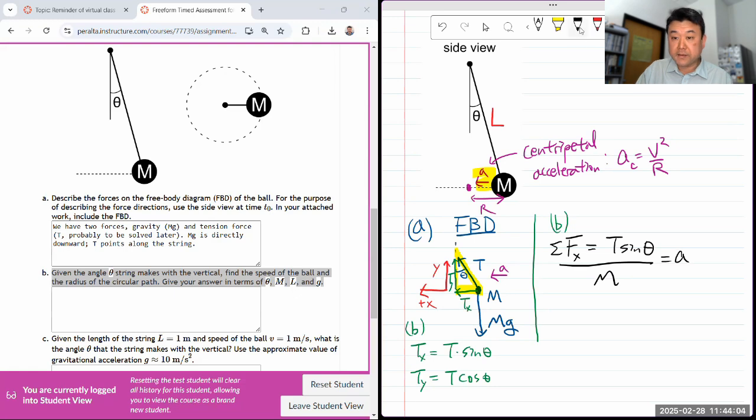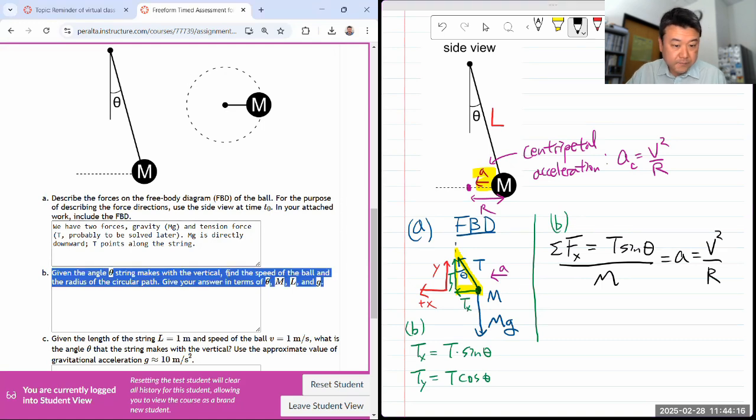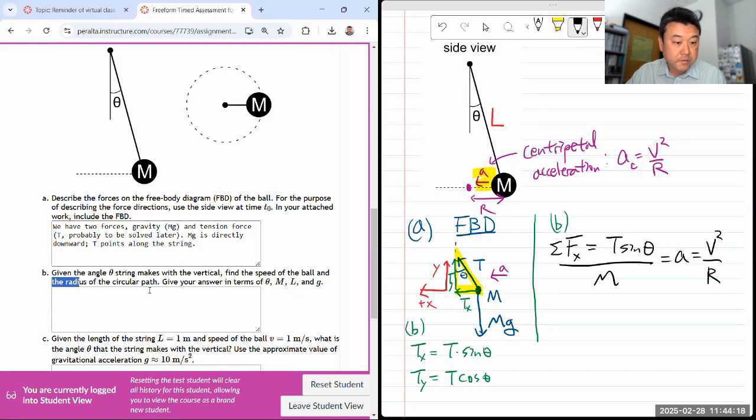So let me rewrite that acceleration as the tangential speed v squared over, let me write it as r for now. And in fact, it says find the speed of the ball and radius of the circular path, so maybe I can just keep it as r. We'll see. That's the first equation.